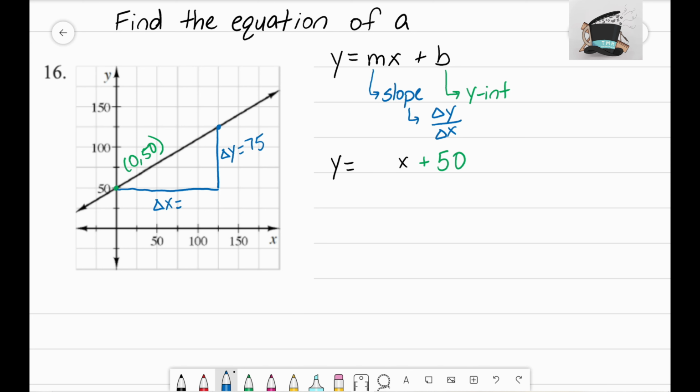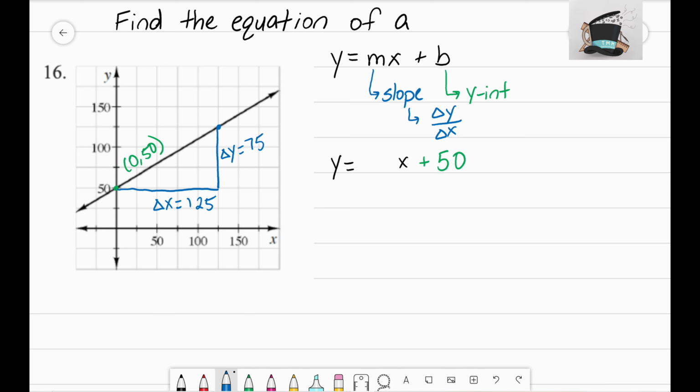Let's figure out what our delta x is. It goes across, let's see, 1, 2, 3, 4, 5 units. And if each unit is 25, then that means that it goes across 25, 50, 75, 100, 125. So I know that my delta x is 125.